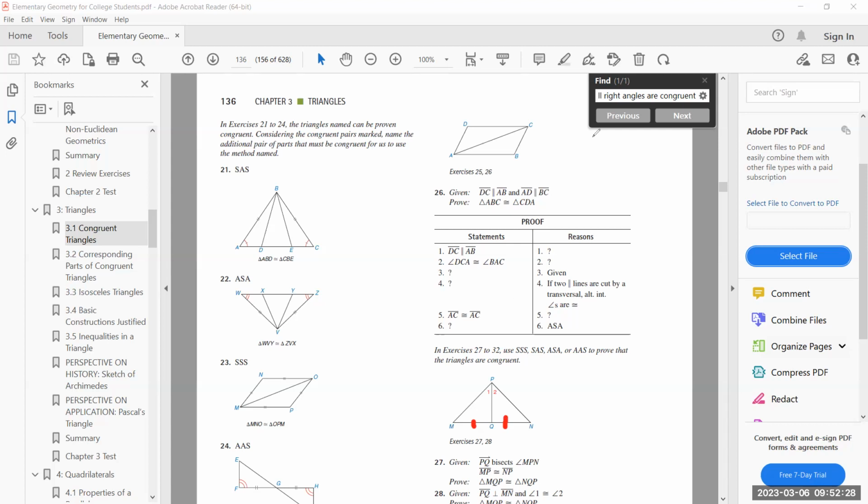What makes it a bisector then? They would have to tell you that. In 27, they told you that. But a bisector means that it divides the side that it crosses exactly in half. You're going to learn more about that later.